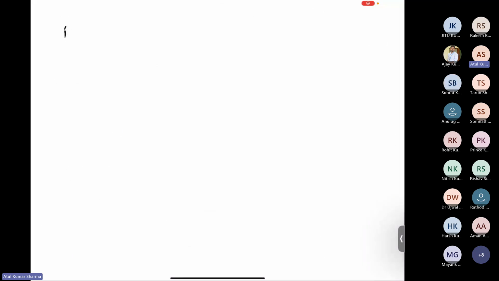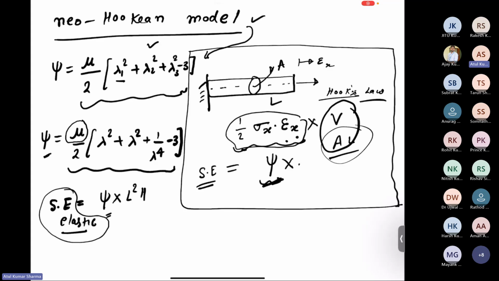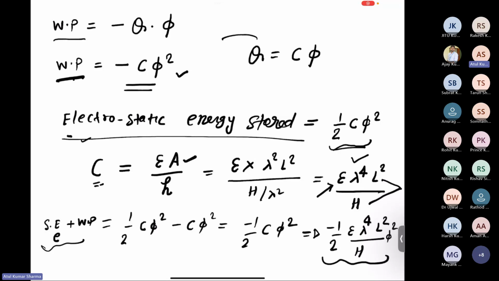So the total potential energy will be nothing but, I'm writing now, L square H times psi, which is the elastic part, and the sum of the last two quantities, which is the work potential and the electrostatic energy stored, is nothing but minus half c phi square.